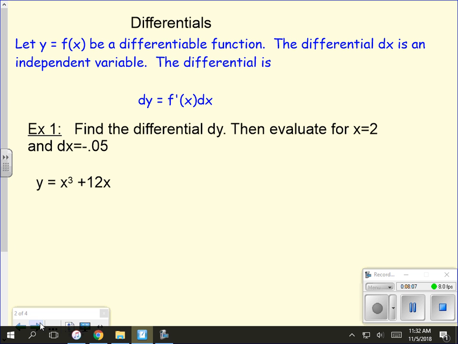What are you actually trying to do? What did dy and dx stand for? dy is actually delta y and dx is actually delta x, and delta stands for the change. So how does the change in y relate to the change in x?